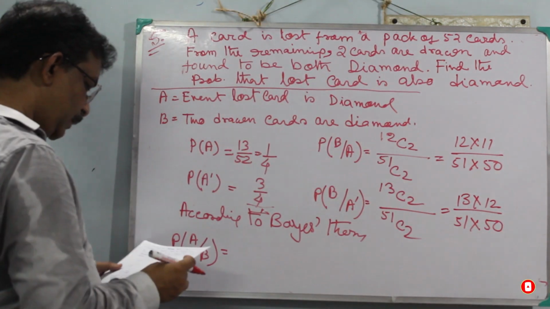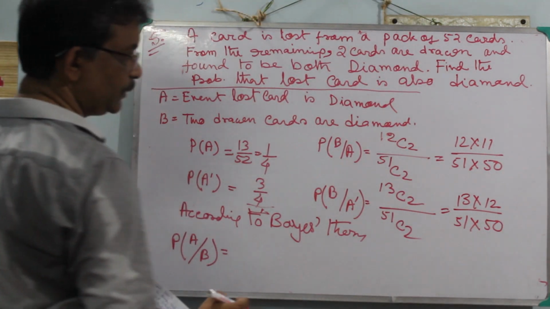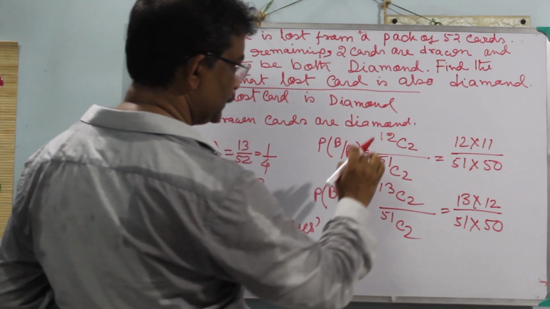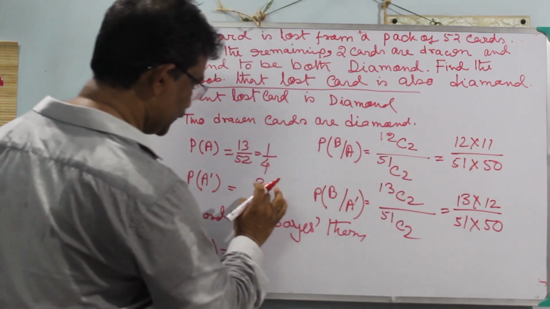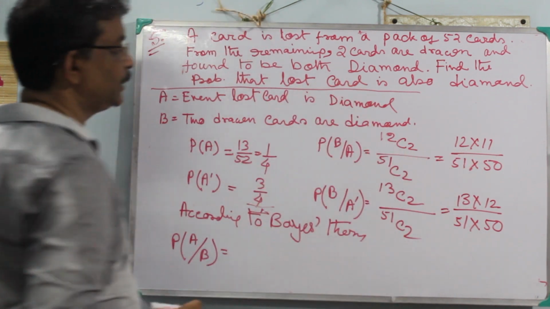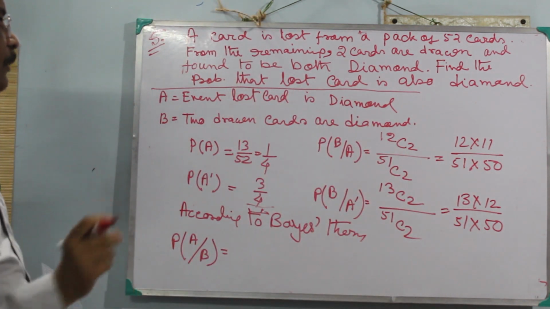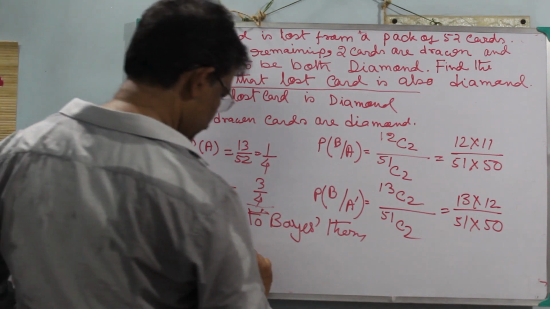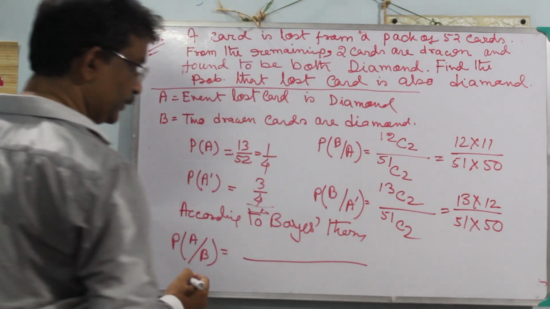Okay. Now according to the Bayes theorem, this into this plus this into this is the total probability of the 2 cards being diamond, that will become the denominator.